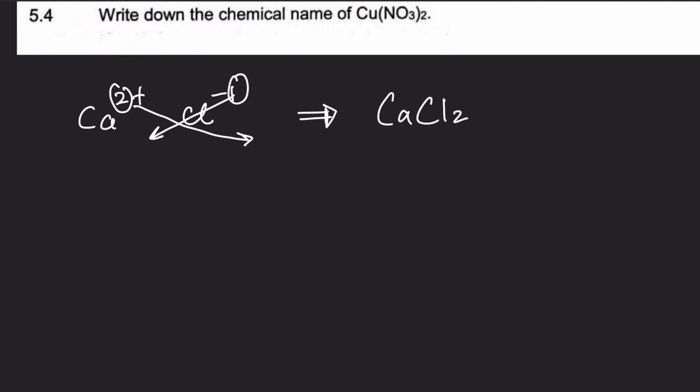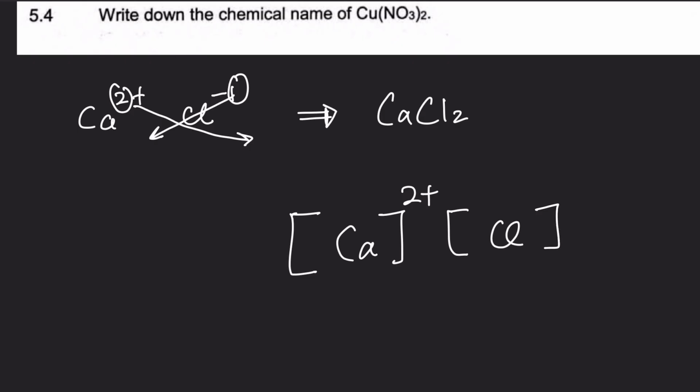So you're going to have calcium without any electrons. It lost both of its electrons. And then you'll have a chlorine on the left-hand side and a chlorine on the right-hand side. Now remember, chlorine has 7 valence electrons.